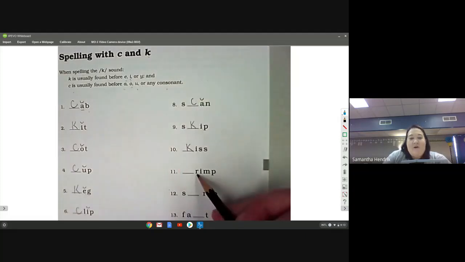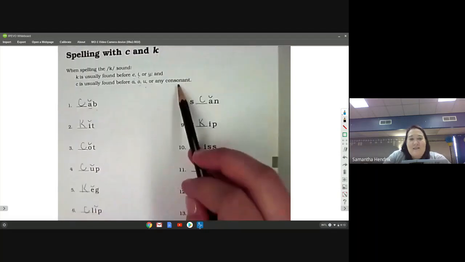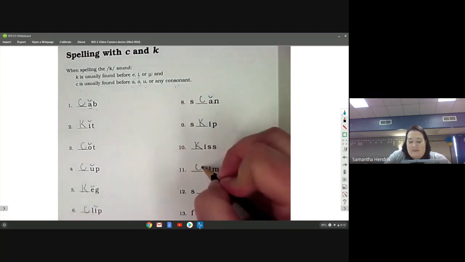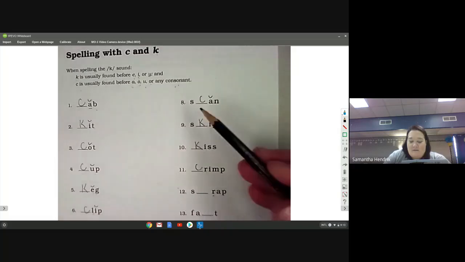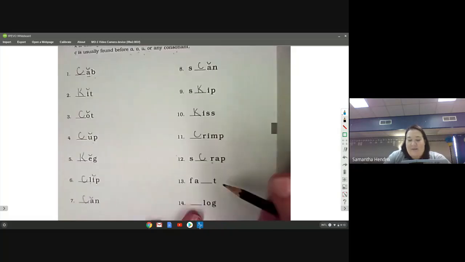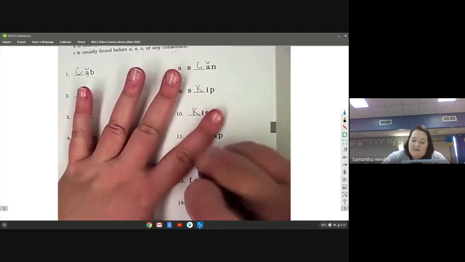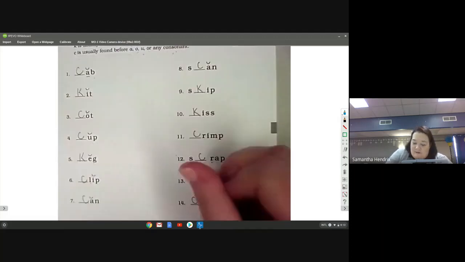Here's an R. An R is a consonant, so it's going to be a C. Here's another consonant, so it's a C. Oh my goodness, look, here's another consonant, so that's a C. And here's another consonant, so that's a C. I did not make that letter very neat. Remember, we got to do neat letters.